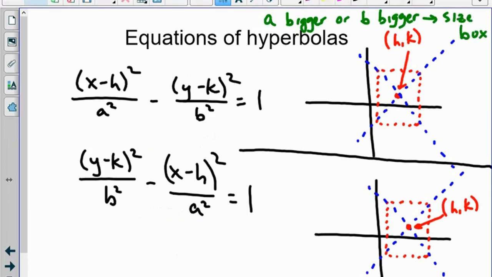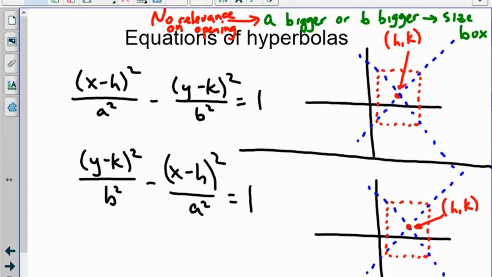So if a is bigger, that means that the box would be longer in the x direction. If b is bigger, that means the box is longer in the y direction. This has no relevance on the direction of the opening. So if a is bigger or b is bigger, that has no relevance on where the hyperbola opens.